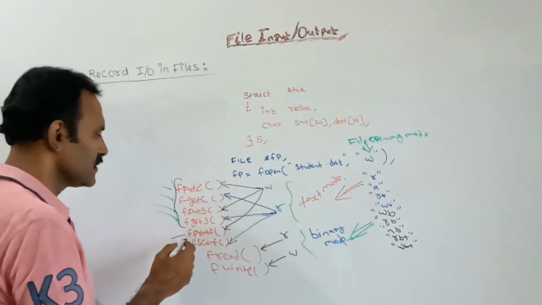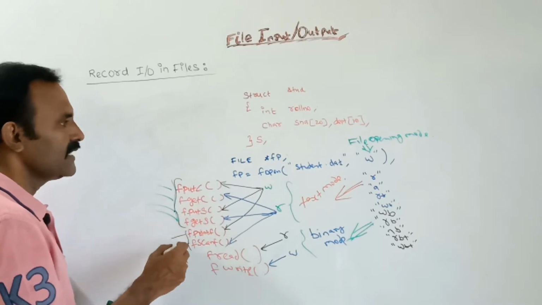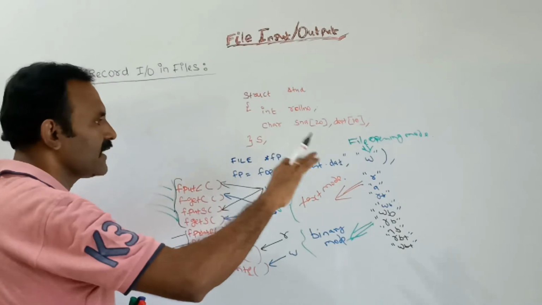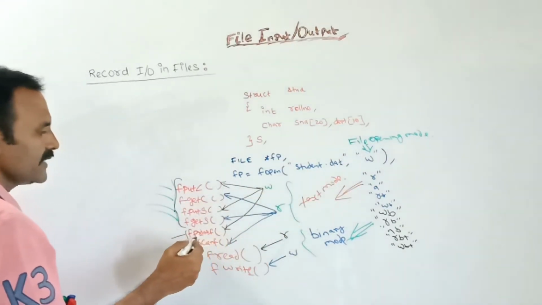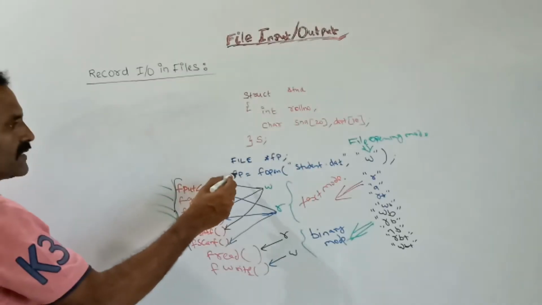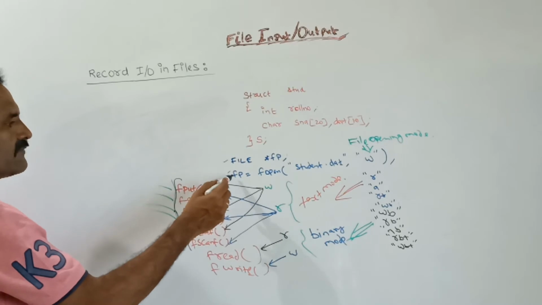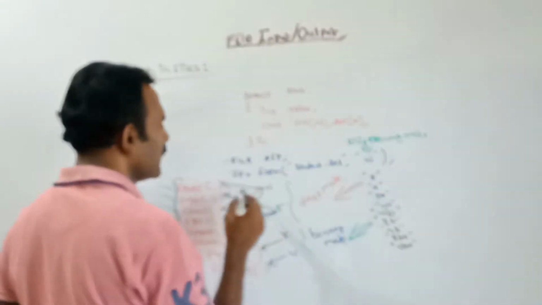Now let us see about these two functions, fprintf and fscanf. These two functions work in text mode. Now let us see how to store a record in text mode. If we want to create the record, very first we should open the file. Let us assume a file pointer. After creating the file pointer, I am opening the file student.dat in write mode.